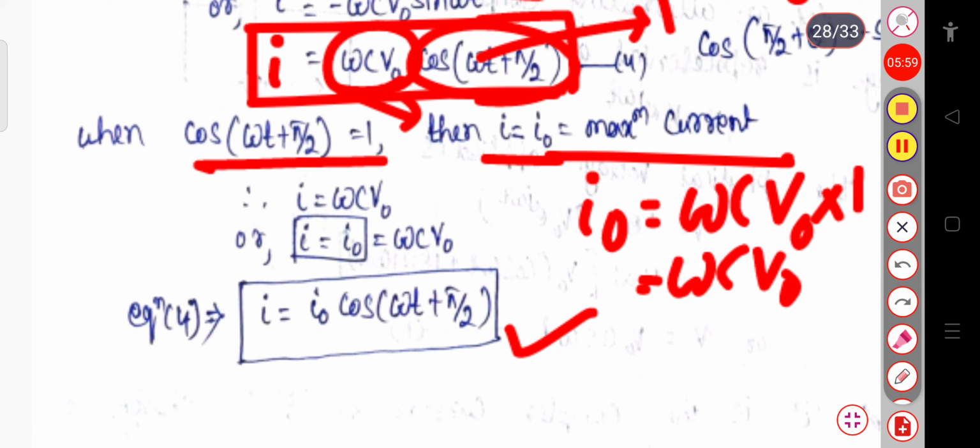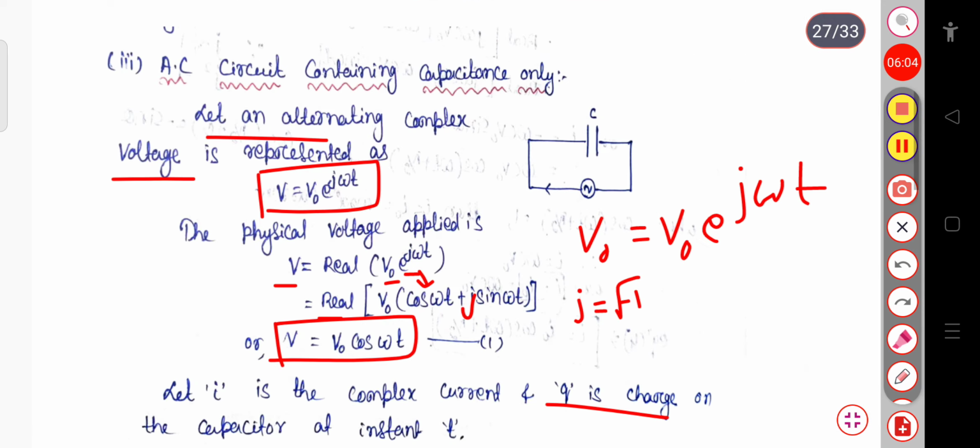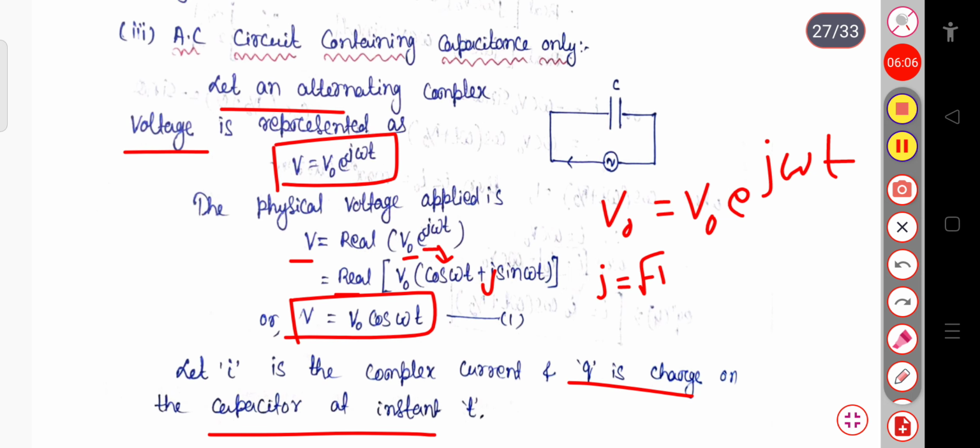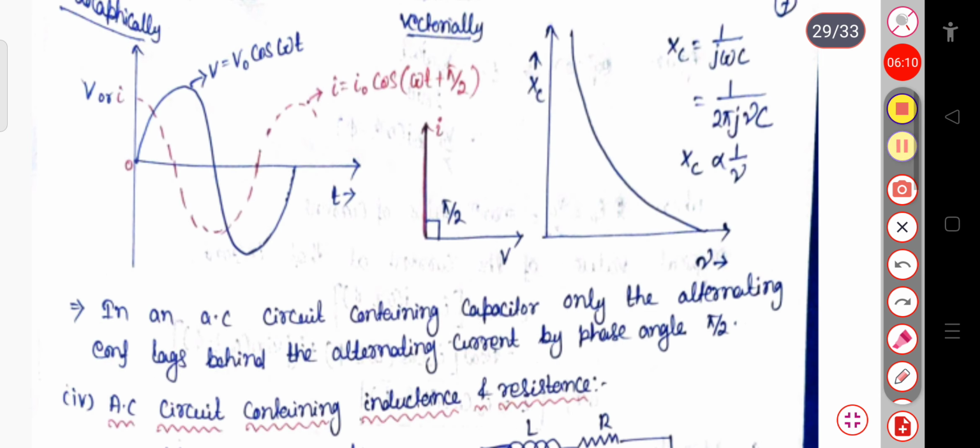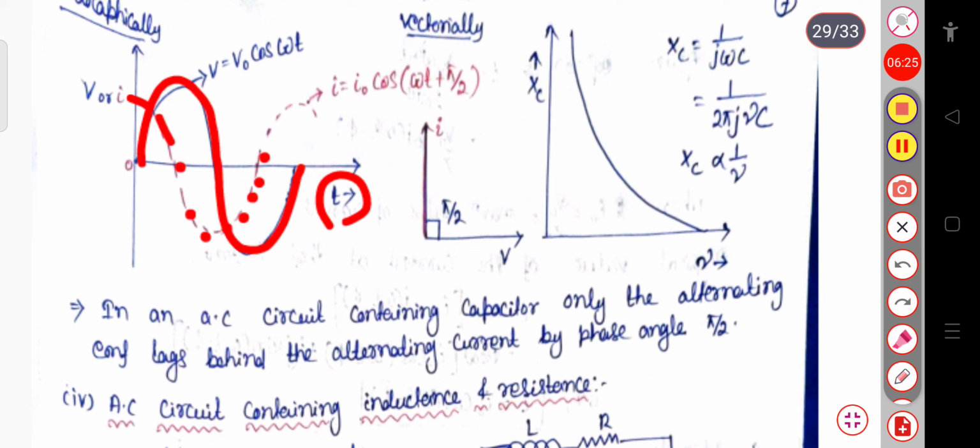So this is our expression for the current, and for the potential, the physical voltage applied here, we have calculated that V equals V naught cos omega t. Now if I plot the graph of voltage with respect to time and current with respect to time, this is your voltage curve, V equals V naught cos omega t, and this one represents the current, I equals I naught cos of omega t plus pi by 2.